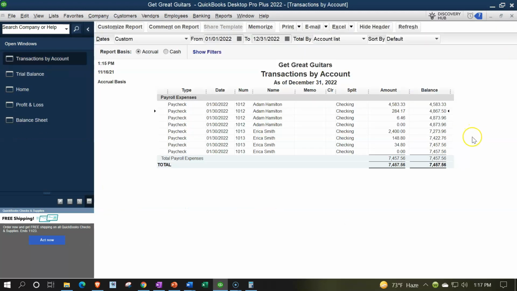So by default, QuickBooks groups together the wages and the taxes in the same area. Many times people break that out, the wages and then the taxes.